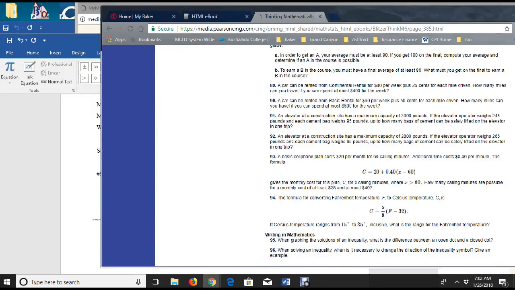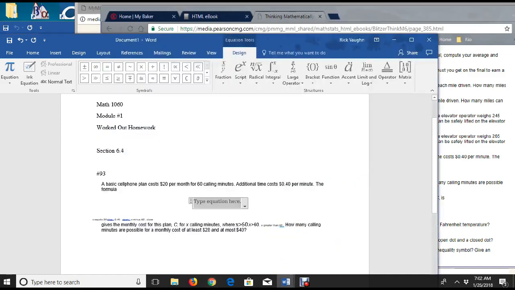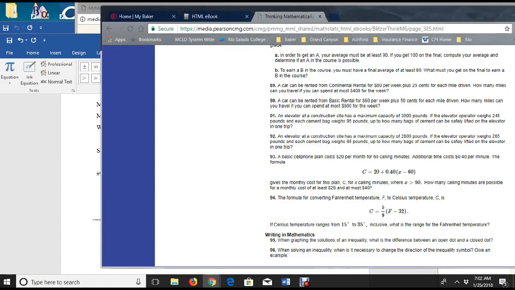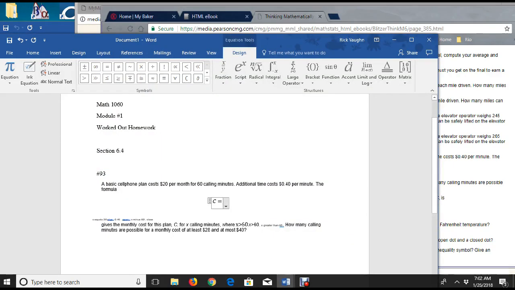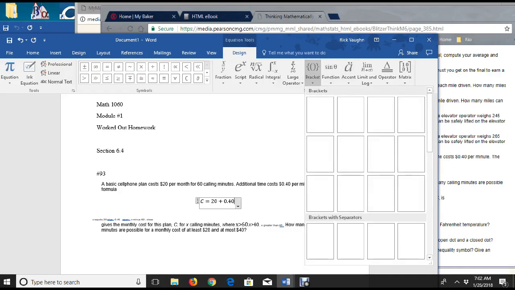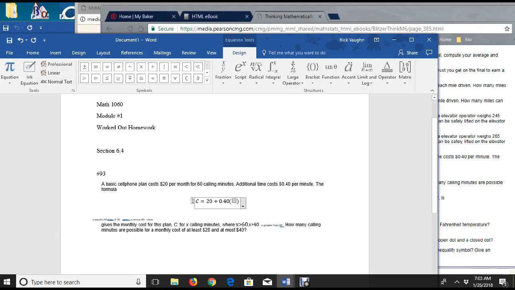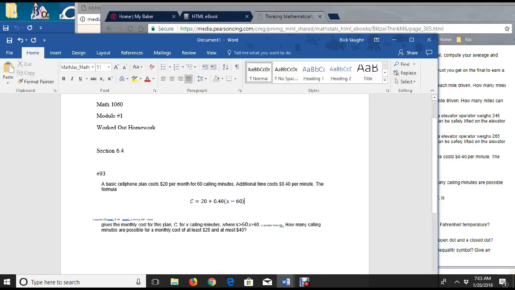C equals 20 plus 0.40, then I'll use the parentheses tool under the bracket, and put in the x minus 60. Now I have a cleaner version of that formula.